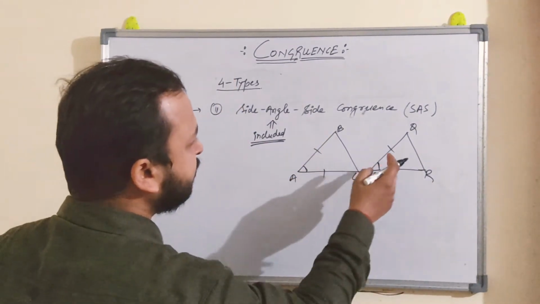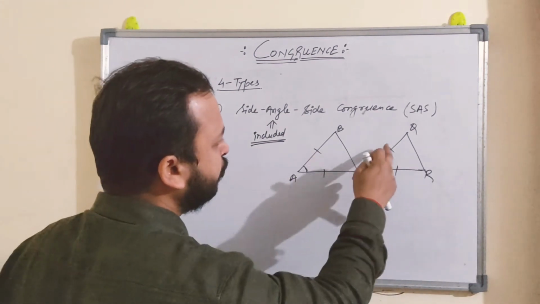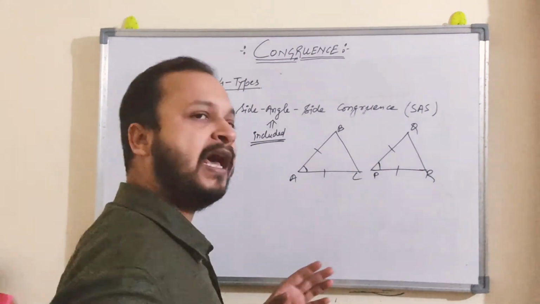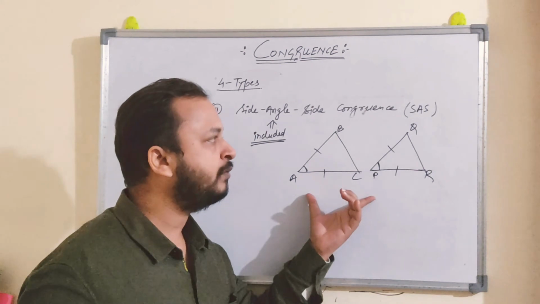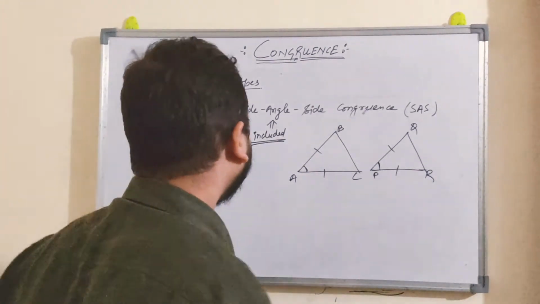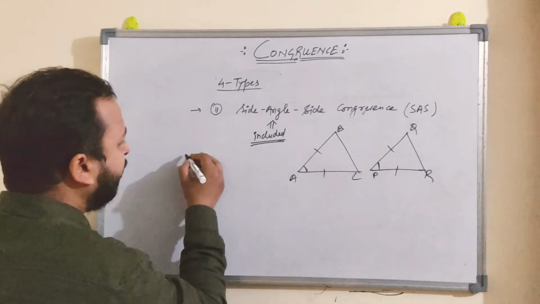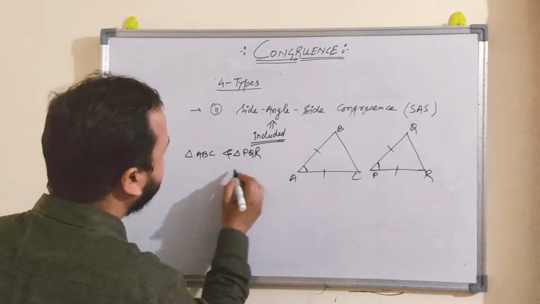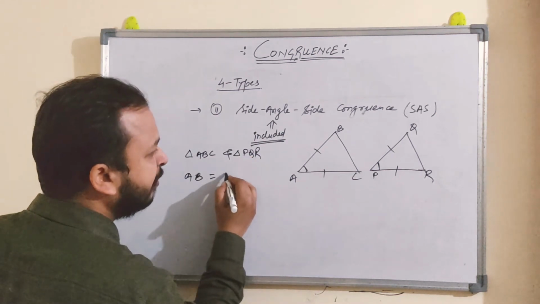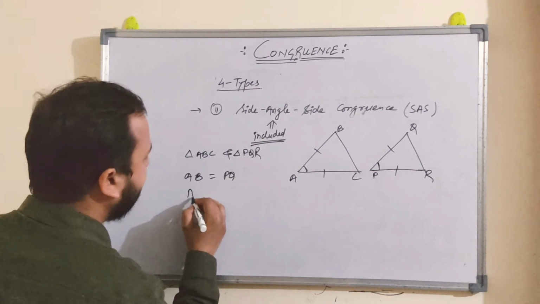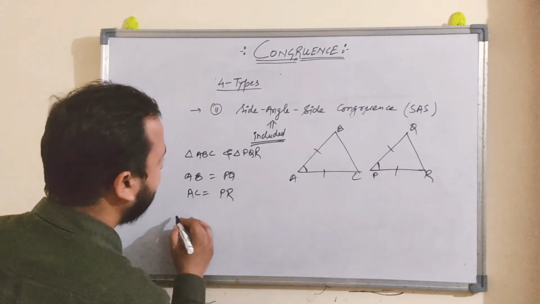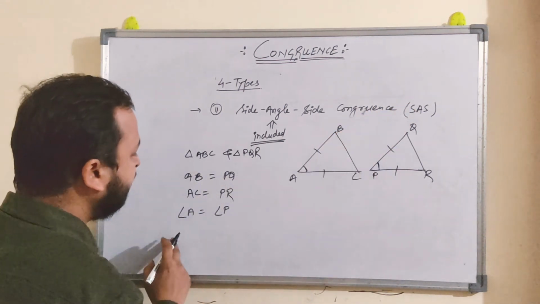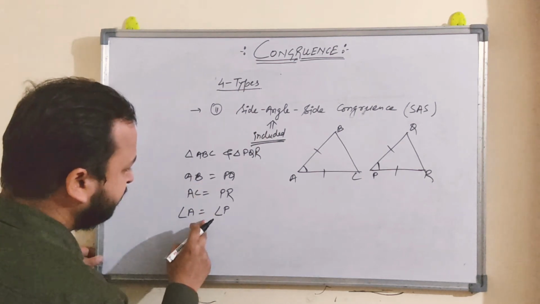So if this pattern is given, means two sides of respective triangles are given and one included angle is given, and if they are equal, you can say that these two triangles are congruent, right? So if we are talking about triangle ABC and triangle PQR, if it is given as AB is equal to PQ and AC is equal to PR and angle A is equal to angle P, so by SAS property you can write this.